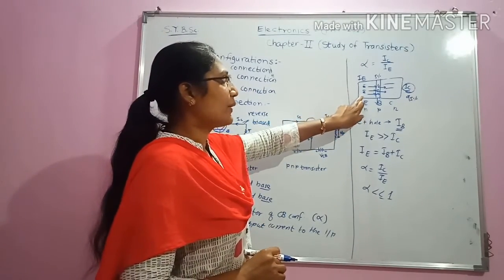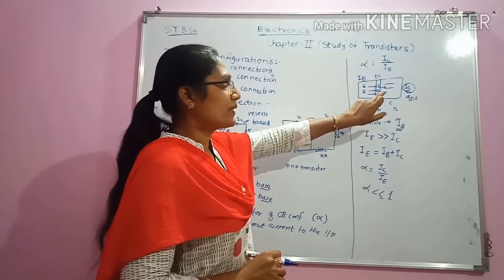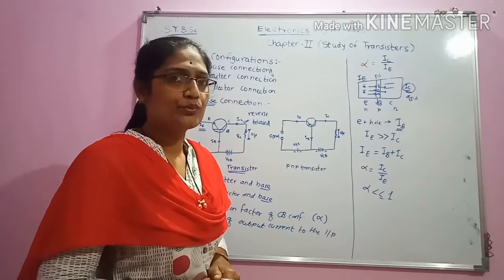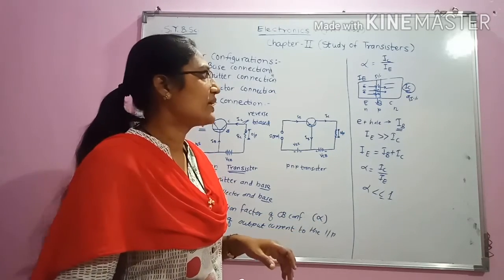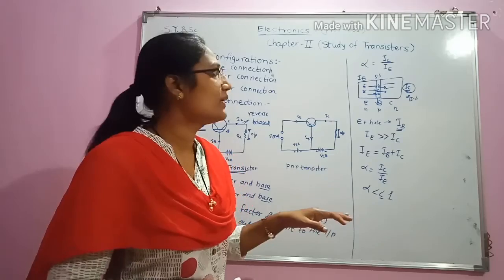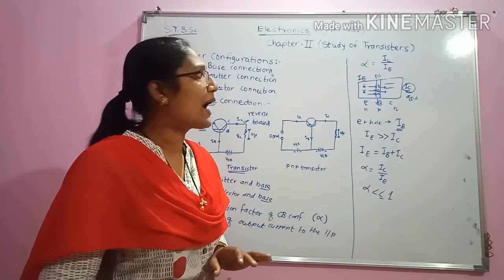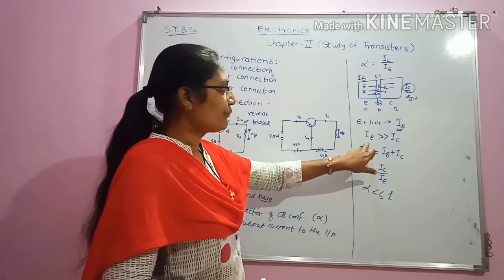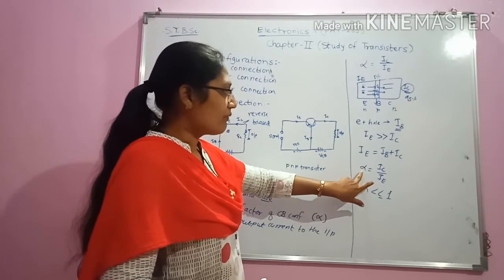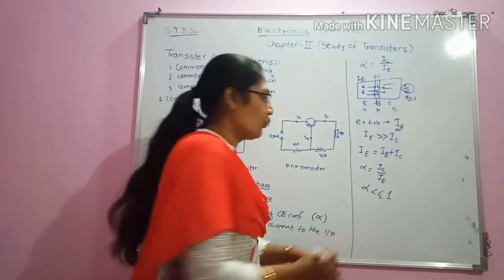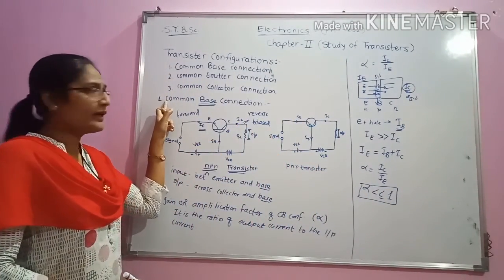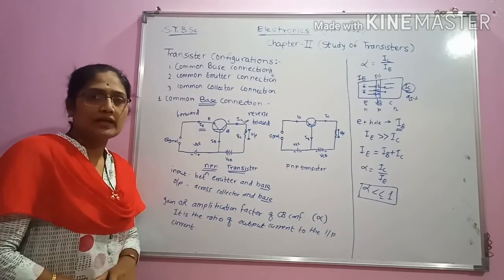The electrons will try to migrate from emitter to base, but in the base there will be electron hole recombination process which will produce the base current IB, and the remaining 95% of the electrons will migrate towards the collector and they will form IC, and hence IE is equal to IB plus IC, and also the alpha value will always be less than 1. This is the explanation related to common base connection in case of transistor.